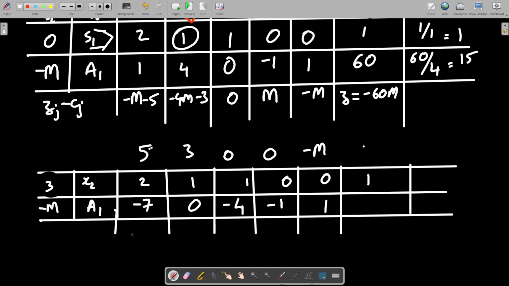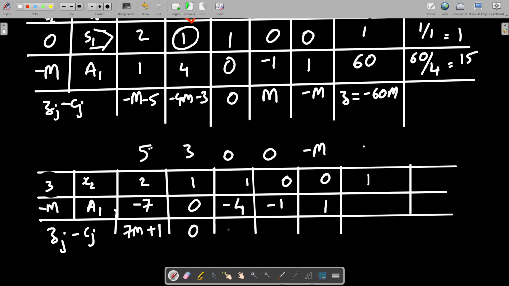Okay, so let us do the calculations of net evaluation, Zj minus Cj. Okay, so this will become 3 into 2 is 6, and this is going to be 7M. So 7M plus 6 minus 5, so 7M plus 1. Okay, this will become 3 into 1 minus 3, 0.